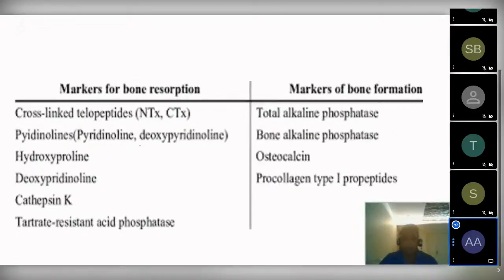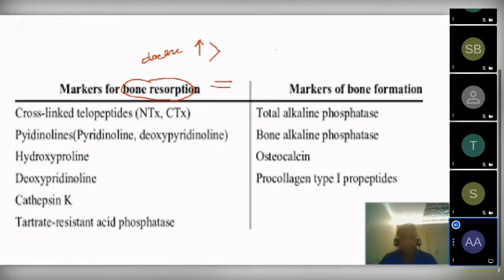There are certain clinically relevant bone markers for resorption, which indicate there is excessive resorption happening. See, there is constant bone resorption and bone formation. But when there are markers in the bone for resorption, it means the rate of resorption is more than bone formation. That means there are certain underlying diseases causing excessive resorption.